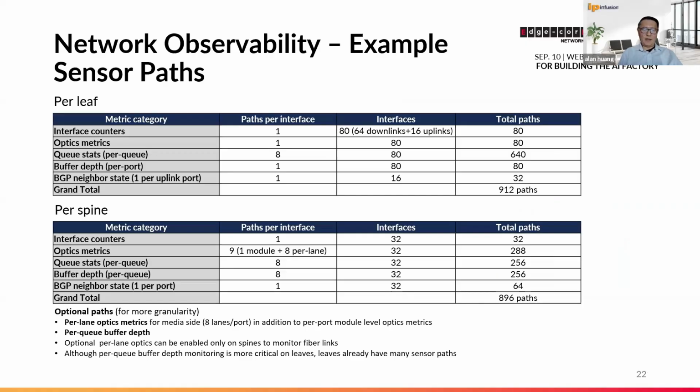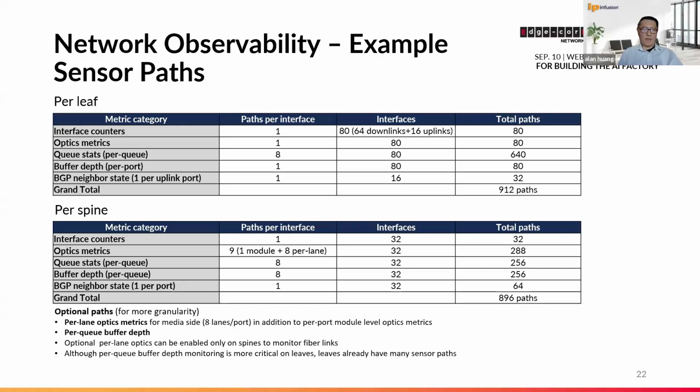Real-time understanding of the network performance and the state, or simply called network observability, is critical to AI network operation. It's like the car dashboard to a driver like you and I. So the essential sensor paths are listed in this slide by leaf and the spine switches.